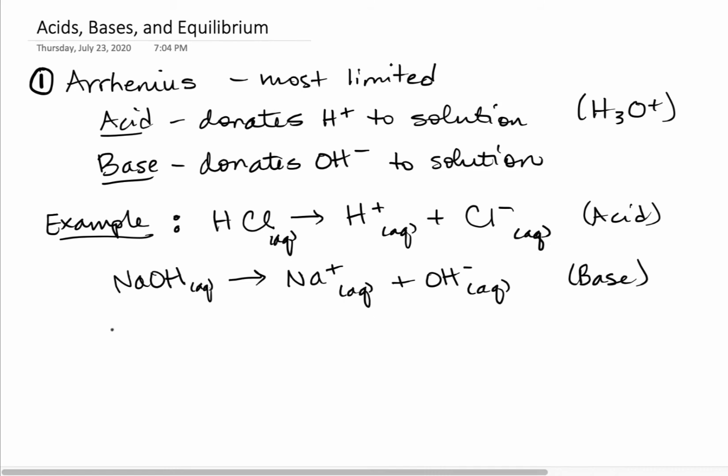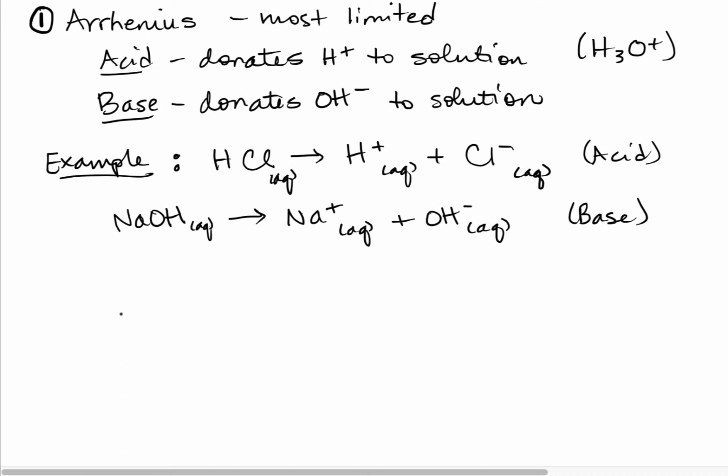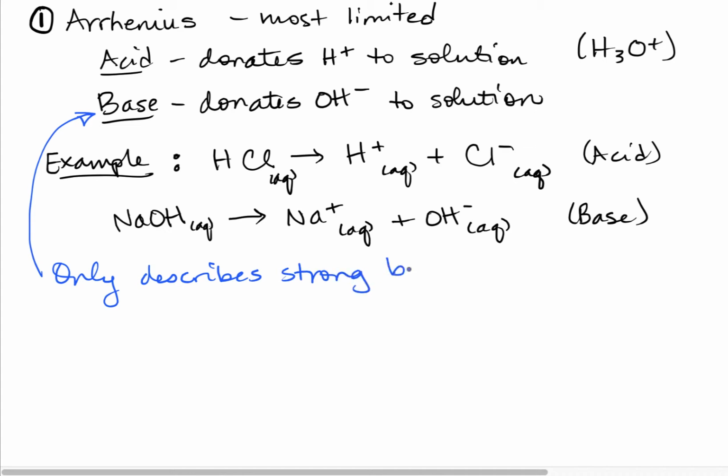And the Arrhenius definition is pretty consistent with our next definition that we're going to talk about in terms of acids. But the key about the Arrhenius bases is that this only describes strong bases. So a quick reminder for you that a strong acid dissociates fully.